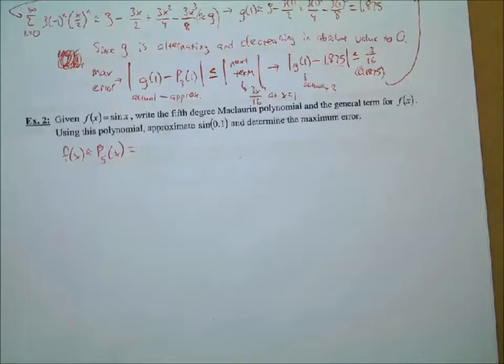So you should only have 3 terms in your polynomial. And then use that fifth degree polynomial to approximate sine of 0.1. Calculator active, feel free to use your calculators.